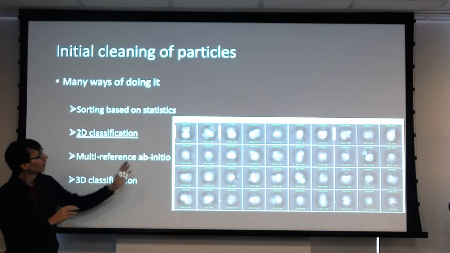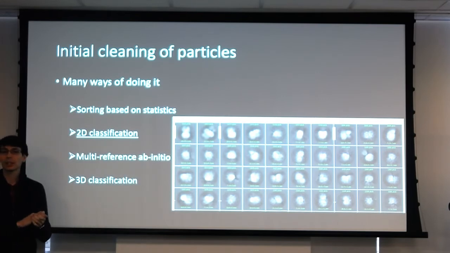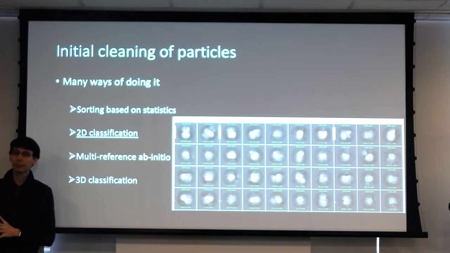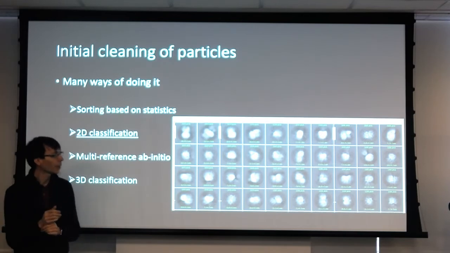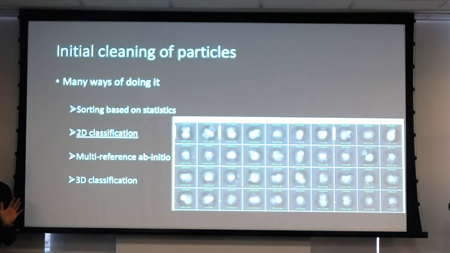And so sorting out based on 2D classification can be very dangerous because it might remove from your data set those rarer views of your complex that you really need for 3D reconstruction, but that are not present in very high numbers. And so I would tend to stay away from that when you have tricky samples.